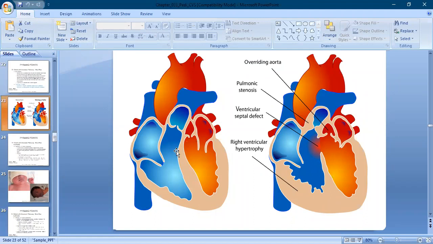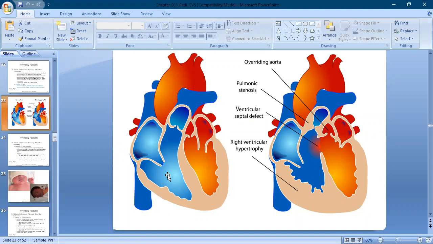Blood comes from the upper extremity through the superior vena cava, and from the lower extremity through the inferior vena cava, then goes to the right atria. From the right atria, blood is supposed to go to the right ventricle.